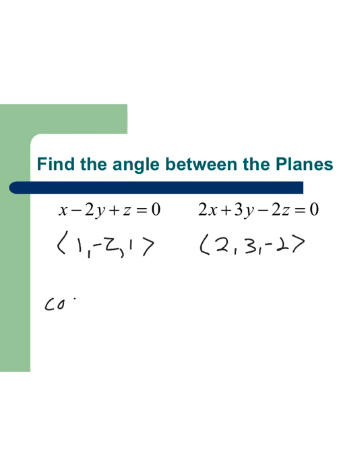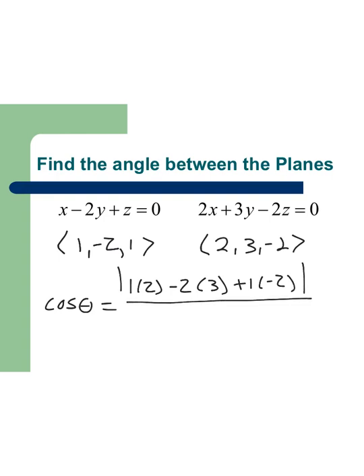So we get the cosine of theta is going to equal the dot product of our two vectors, which would be 1 times 2 minus 2 times 3 plus 1 times -2. And we want the absolute value of that. And then we're going to divide by the magnitude of our expressions, which is going to be radical 6 and then radical 17.